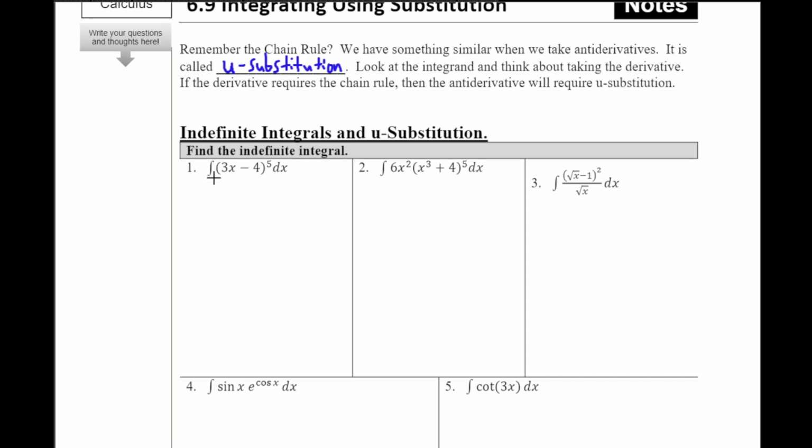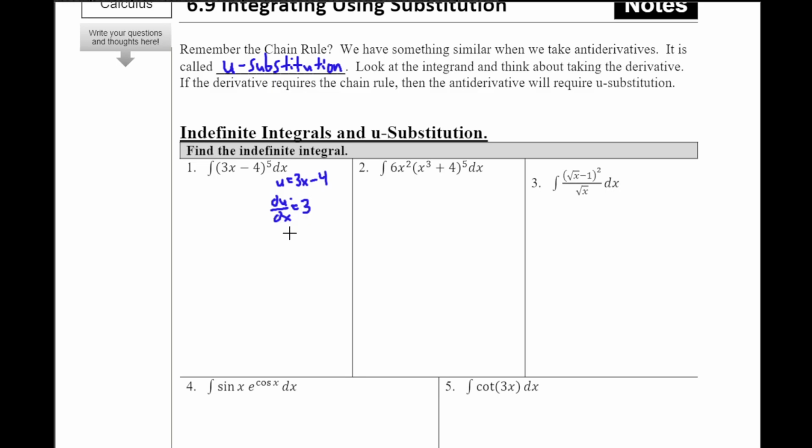So if you have the integral of (3x minus 4) to the fifth power, watch how they do this. You can set u equal to 3x minus 4, the inside piece, right? Because this isn't an x to the fifth, it's 3x minus 4. If you take the derivative, du/dx, differentiate with respect to x, that's equal to, well, the derivative of 3x is just 3.